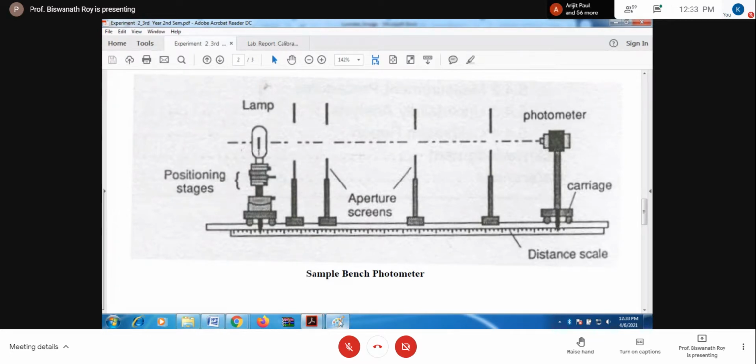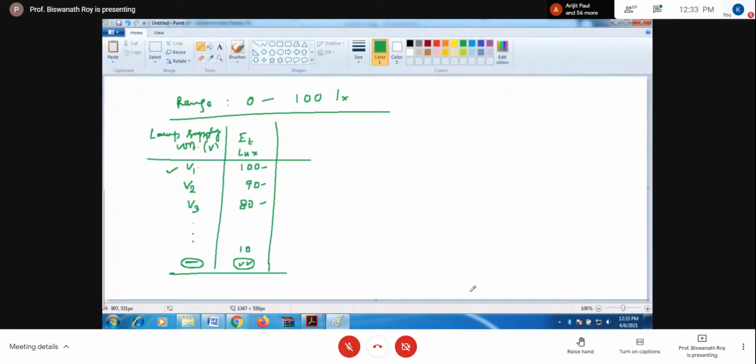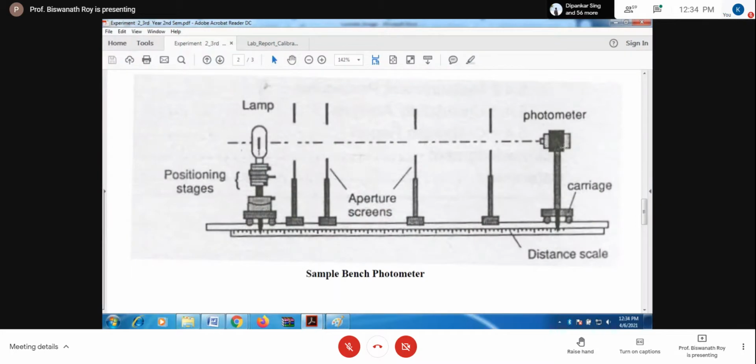At the beginning, we need to note down the position of the lamp, and the position of the sensor. So without changing anything, I just replace the test lux meter by the working standard lux meter.